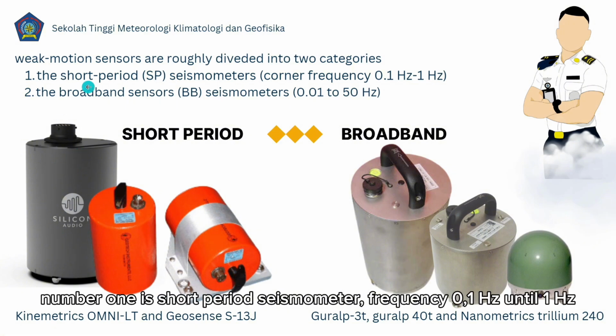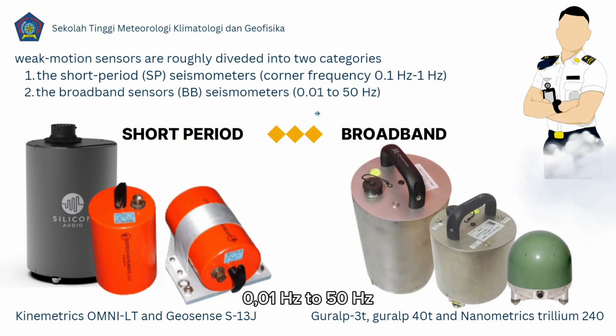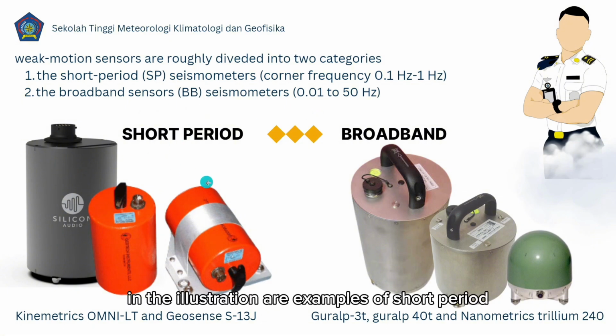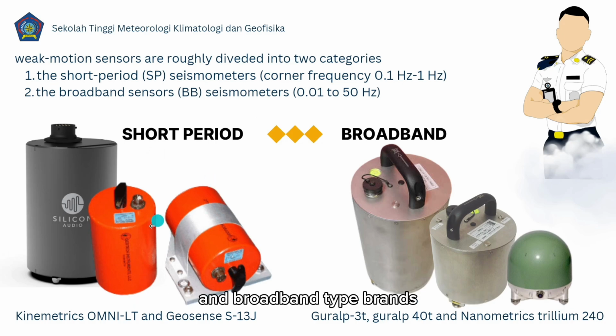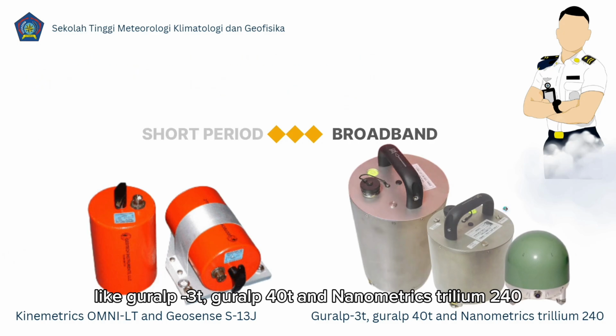Number one is the short period seismometer, frequency 0.1 Hz to 1 Hz, and then the broadband seismometer, 0.01 to 50 Hz. In the illustration are examples of short period and broadband types, with brands like Group 3T, Group 40T, and Nanometrics Trillium 240 for broadband.